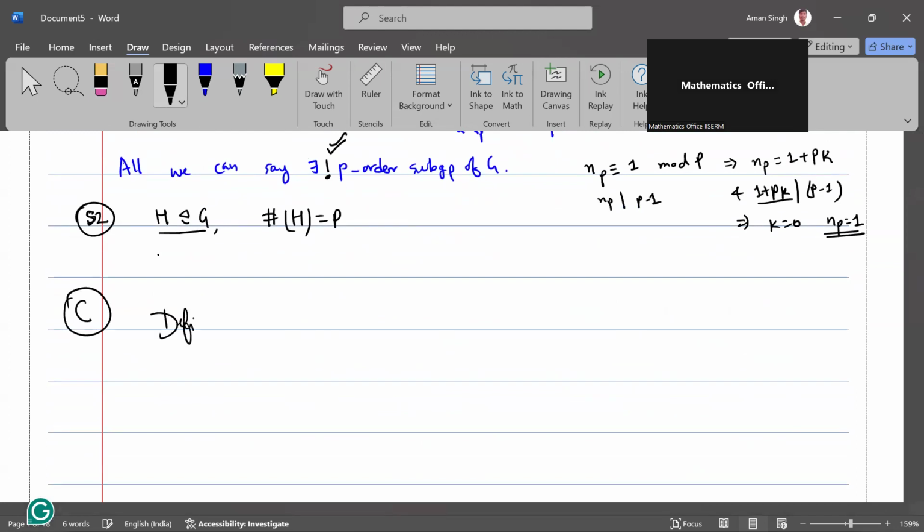Define from G to, let me call it phi, A1 FP, this morphism sending phi of sigma ij to a map f from FP to FP.